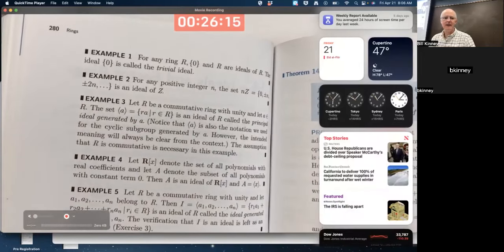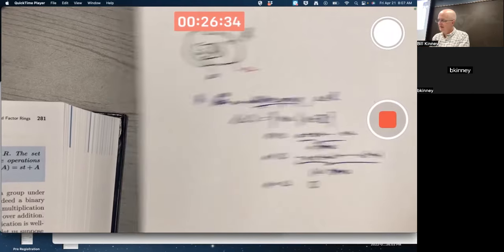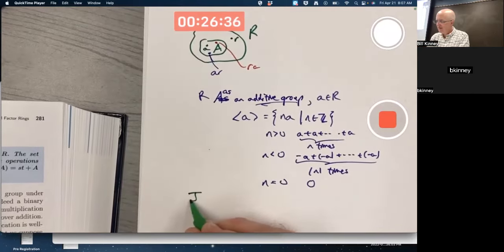If the ring is, for example, the integers, if R equals the integers, well, yeah, then nA, where nA means A added to itself n times, and negative A added to itself the absolute value of n times, and 0 in these different cases, would be the same as the ring multiplication, because the ring is the integers.